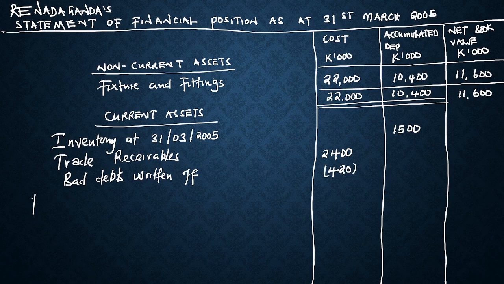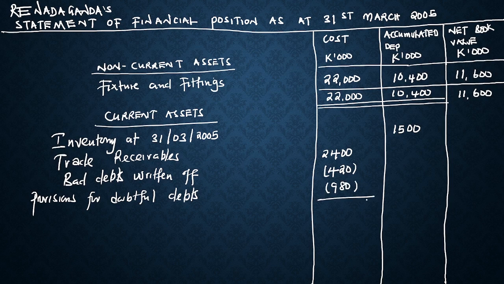Then we had provisions for doubtful debts, 980. What are we getting there? We are getting 1,000. Okay, we continue.